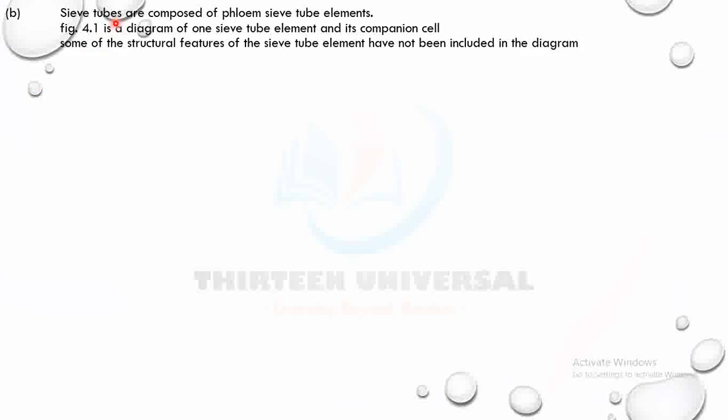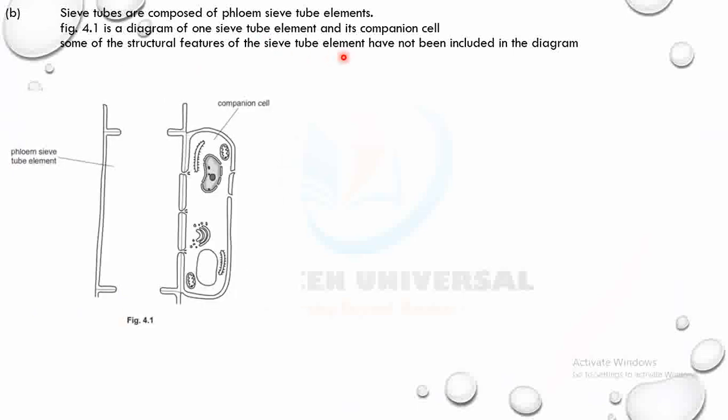Sieve tubes are composed of phloem sieve tube elements. Fig 4.1 is a diagram of one sieve tube element and its companion cell. Some of the structural features of the sieve tube element have not been included.